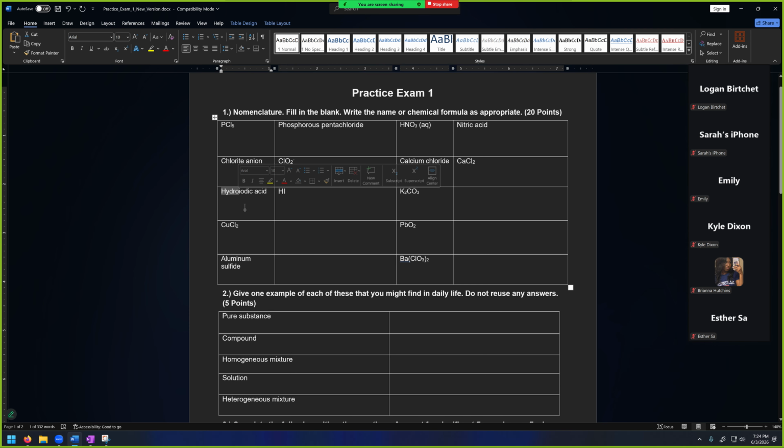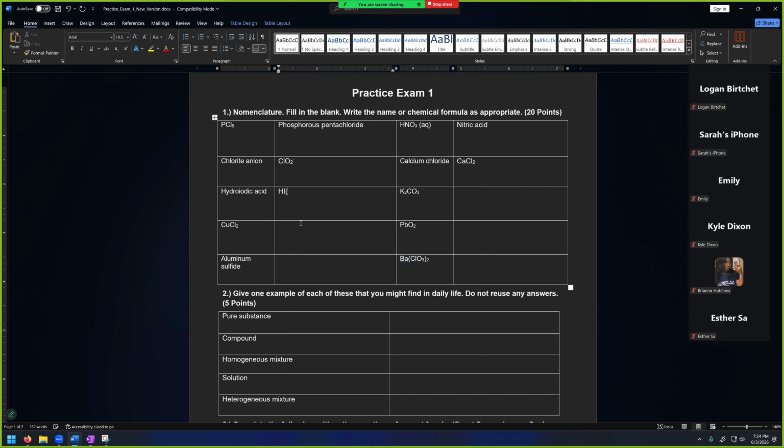Hydro always indicates a binary acid. Binary means 2 things. One of those things has to be hydrogen, therefore the other thing must be iodine. And this is, of course, going to be aqueous as well because all of our acids are dissolved in water.